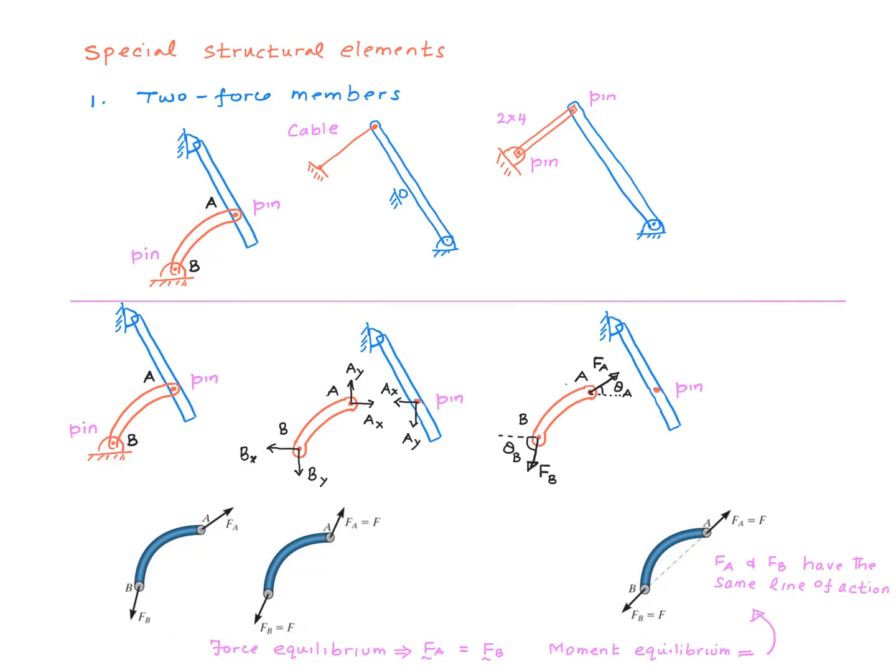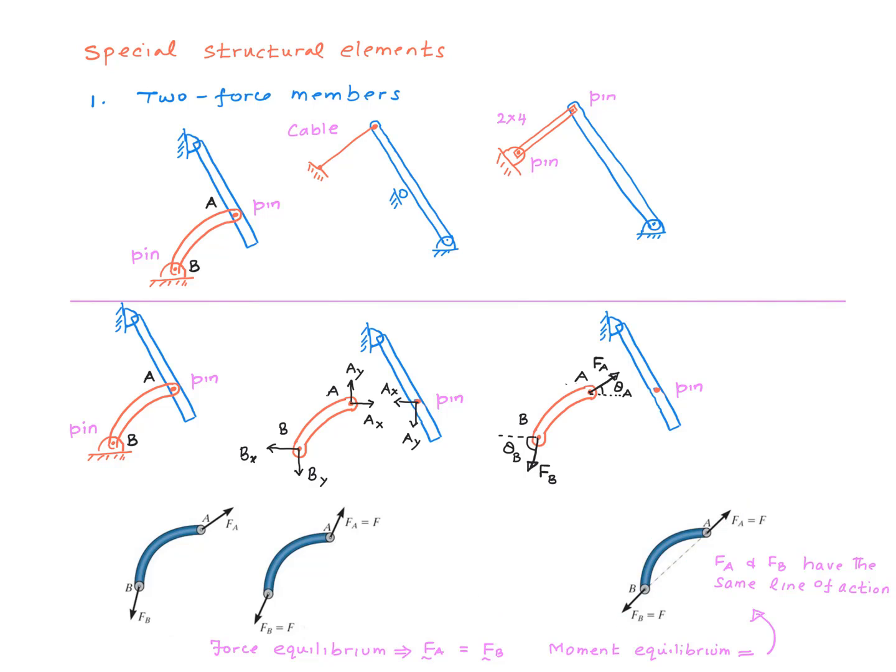That means the magnitudes must be equal, and the directions equal and opposite. All right, so that's the first thing you can show using the force equilibrium equation. And the second, using the moment equilibrium equation, you can show that FA and FB must have the same line of action. In other words, they should line up.